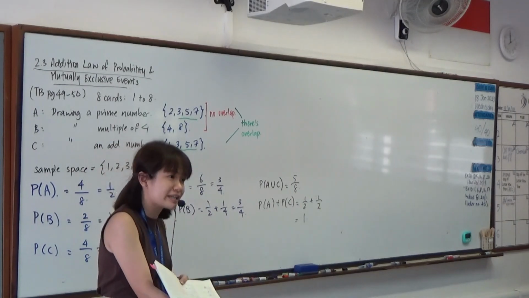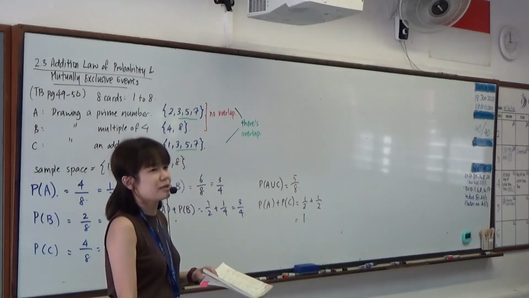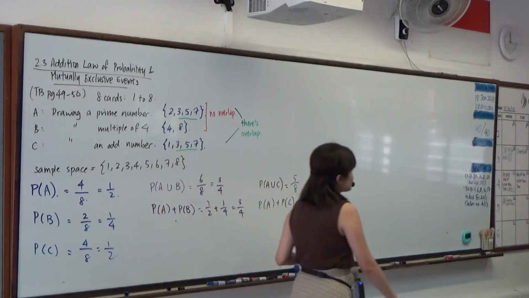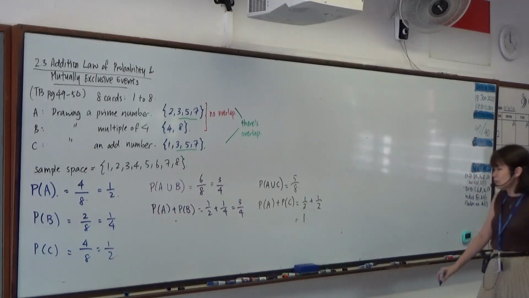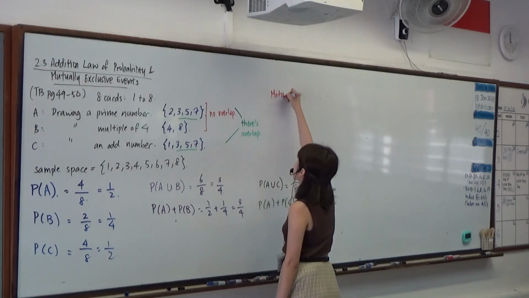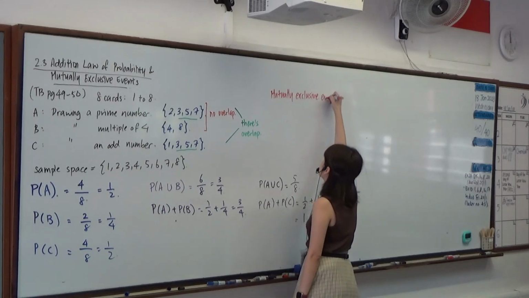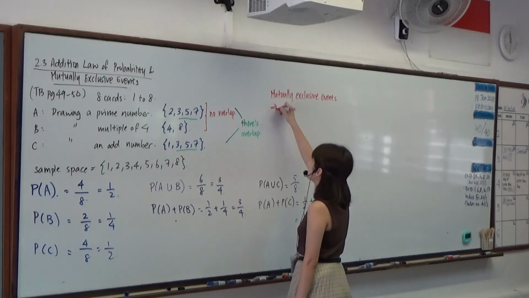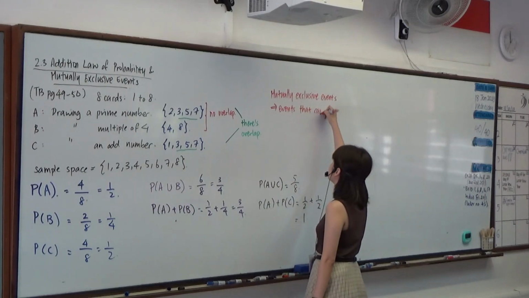But technically speaking, if you're eating at 12 p.m., that should be called lunch. It should not be called dinner as well. So that's what we call mutually exclusive events. So, to define mutually exclusive events, they are events that cannot occur at the same time.